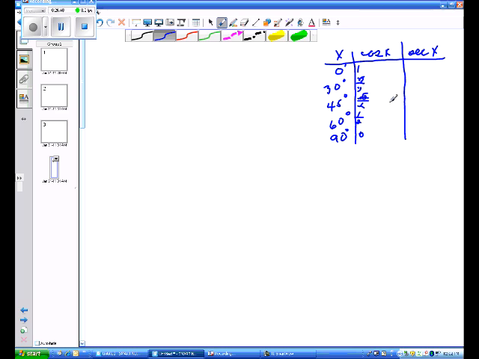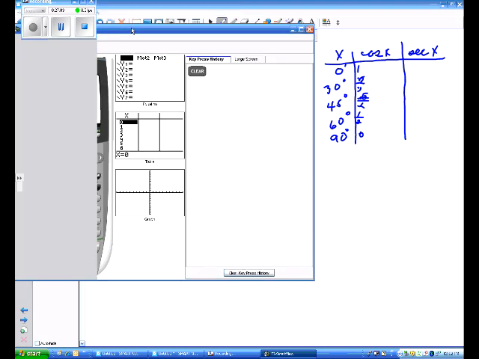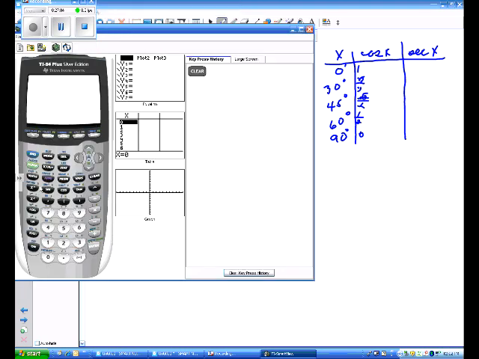We already know that, but we're going to put our decimals in here just so that we can see how to use the calculator. So let's pull up our calculator again, and we want the cosine of 0, and it gives us 1. So we have that.